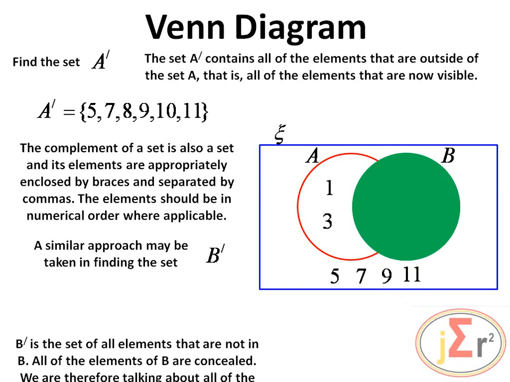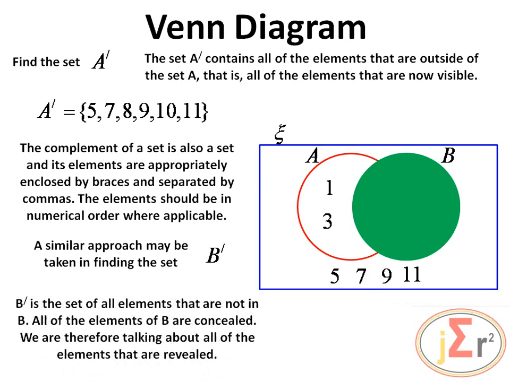All of the elements that are not in B, so B complement is a set of elements that are not in B. All of the elements of B are concealed. We are therefore talking about all of the elements that are revealed. So we have 1, 3, 5, 7, 9, 11, and those elements are in B complement.